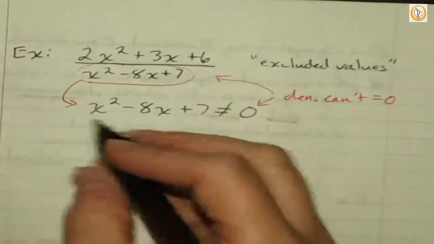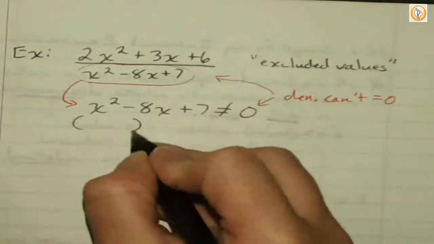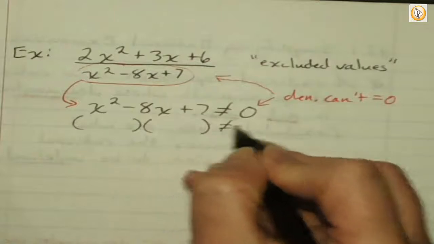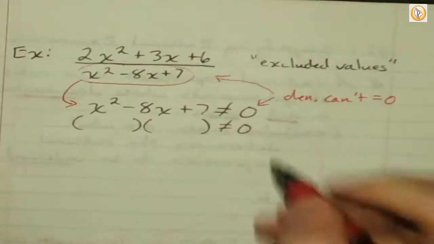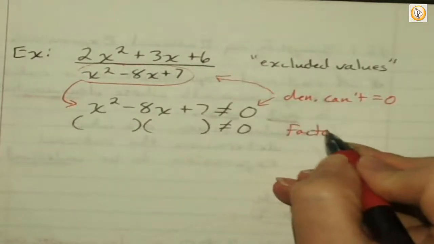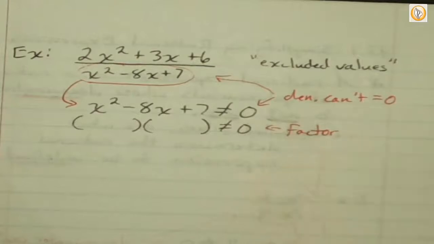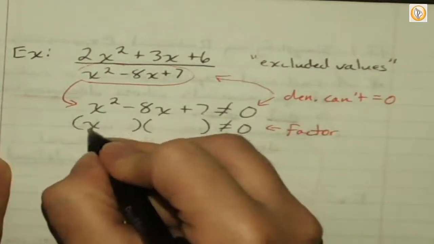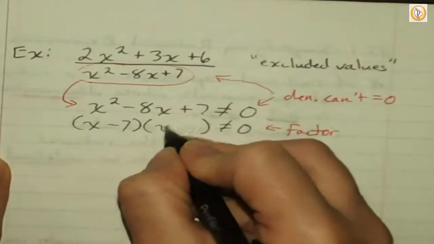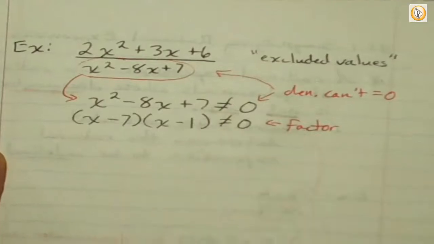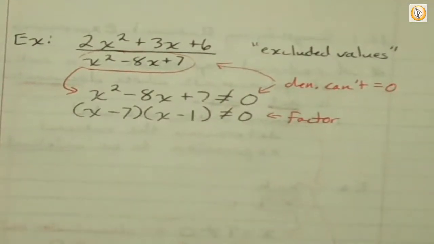So we have to factor it out. And I get x minus 7 and x minus 1. Does everyone see where I got that?